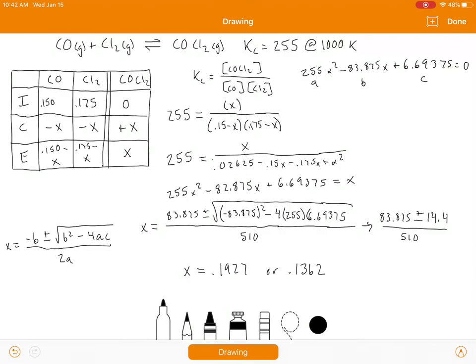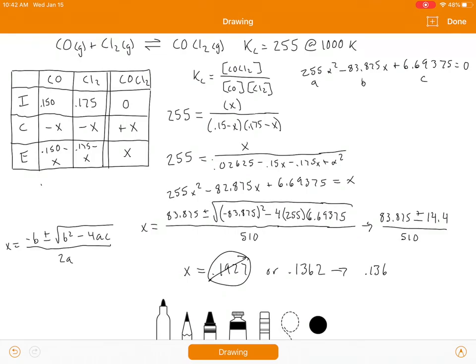Well, if you plug in the 0.1927, for both of these, you do 0.15 and 0.175 minus that, you're going to get negative concentrations, and that's impossible. So that means that's out. All out. And then, let's just go ahead and take this to 3 sig figs. You get 0.136.